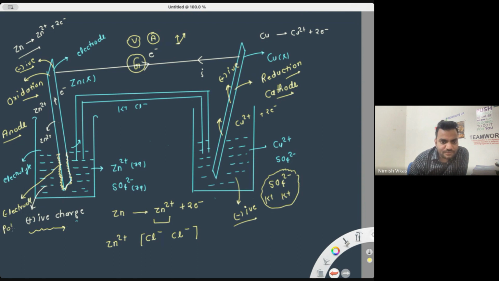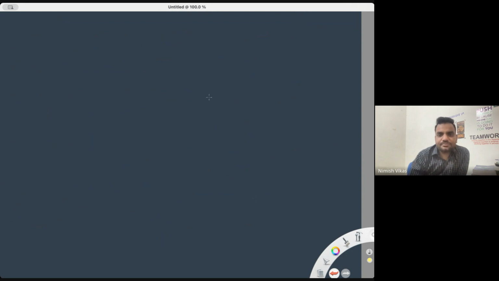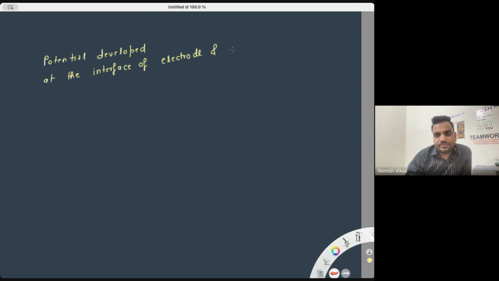So the definition of electrode potential, if it comes in the exam, you will write: electrode potential is the potential developed at the interface of electrode and electrolyte.